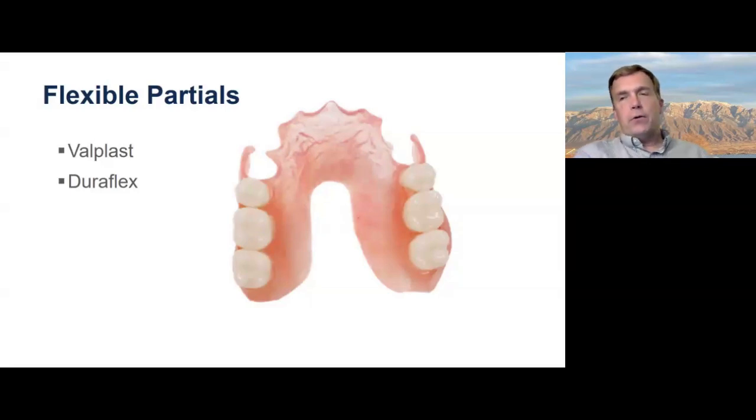Sometimes your laboratory can add to it mechanically, but usually they're going to tell you it's guaranteed out the door. So if your patients have a Valplast partial, they need to know that it can't be repaired. So you can't add teeth to it or whatever. They tend to be unbreakable, so it's usually not being repaired because it's broken, unless a tooth breaks. But generally, if they want to add to it, it's not the best solution.